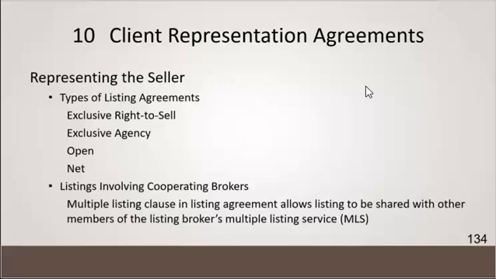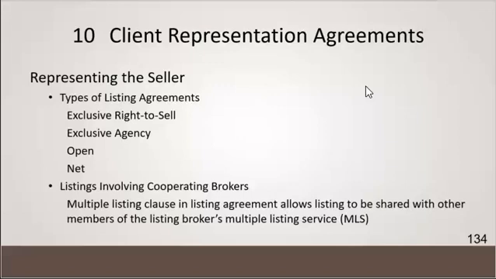So the second one that we have is called an exclusive agency listing agreement. Exclusive agency. Now, I know what you're thinking. Raymond, there must be a difference, otherwise they'd be the same one. Yes, there is a slight difference.